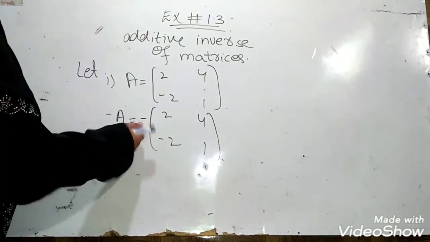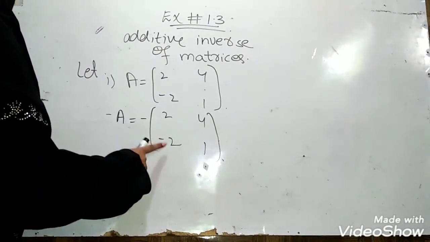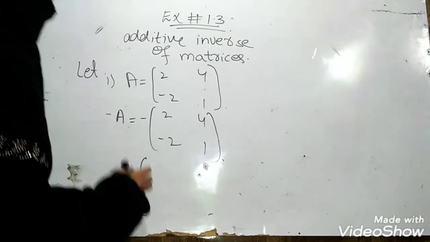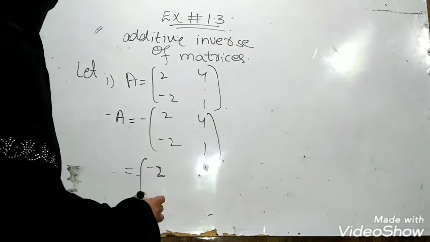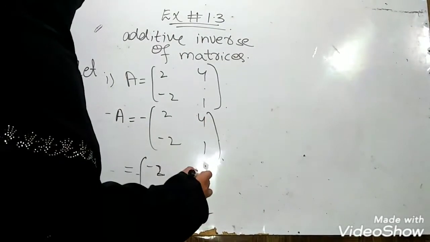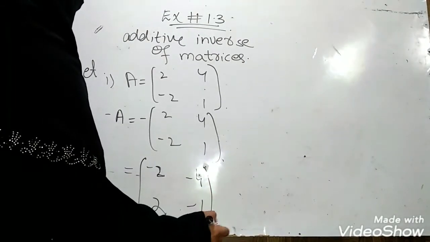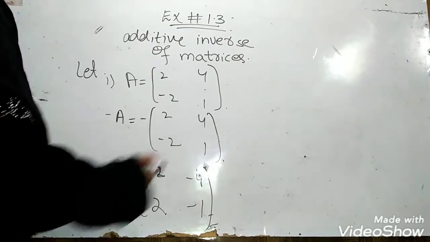Now we can multiply this minus sign into 2, -2, 4 and 1, and it will become -2, +2, -4 and -1. This is called the additive inverse of the matrix.